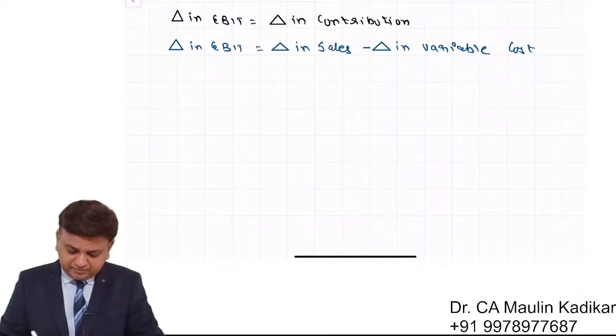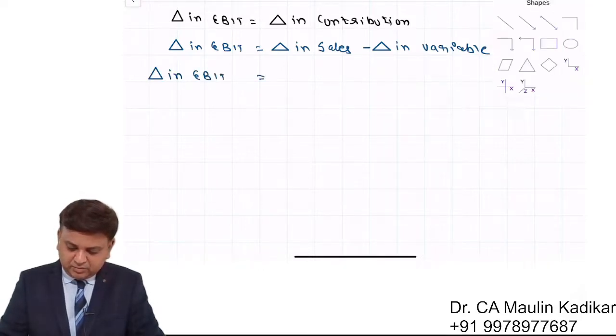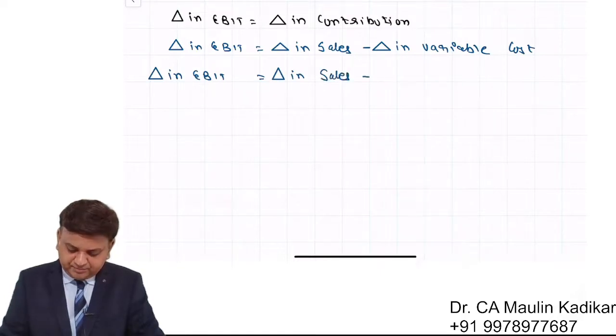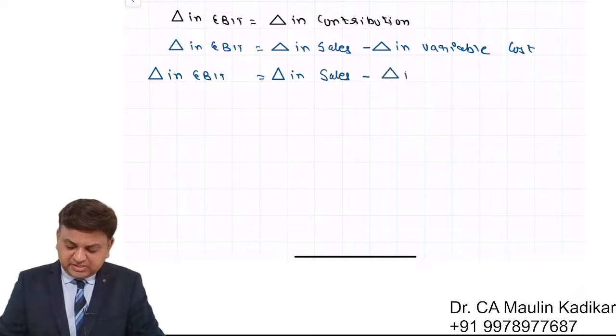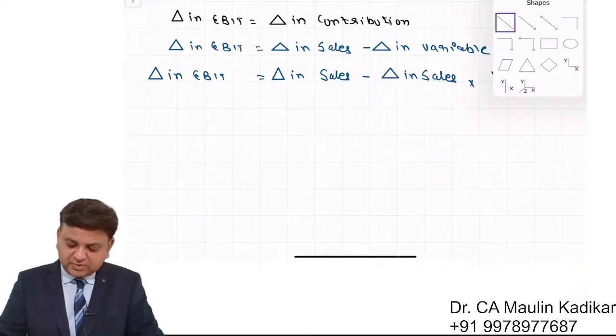Next, change in EBIT is equal to change in sales minus, listen carefully, change in sales into variable cost upon sales.